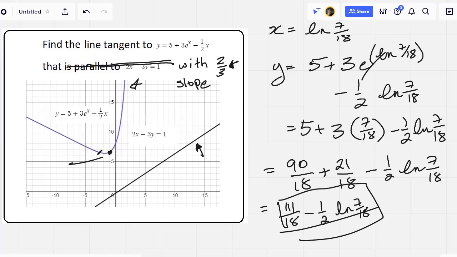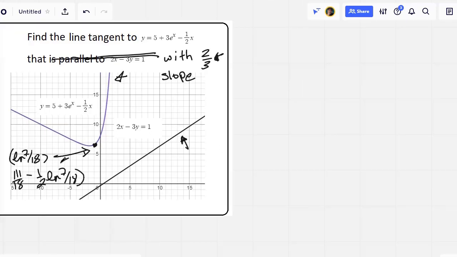The x coordinate is the log of 7/18, comma, and the y coordinate is this expression here, 111 over 18 minus 1/2 of log of 7 over 18. That's as simple as that gets. And that's the point that the tangent line that we're after goes through.